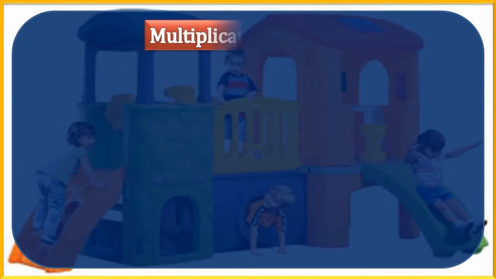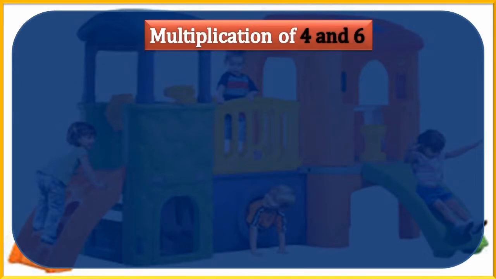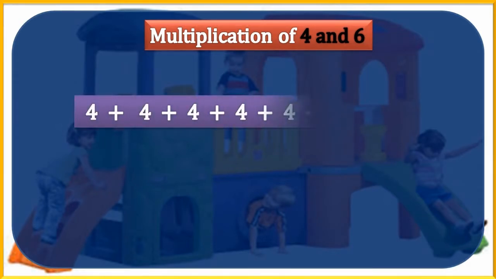Let's find the multiplication of 4 and 6. Here, 4 multiplied by 6 means add the number 4 six times. So we get the result 24.